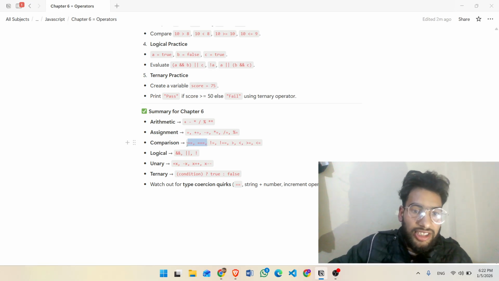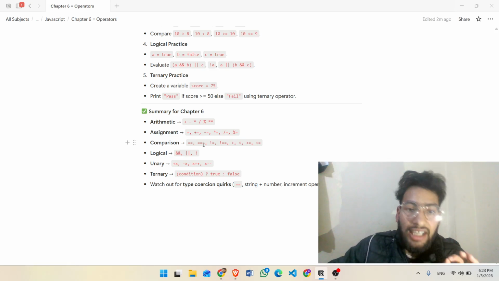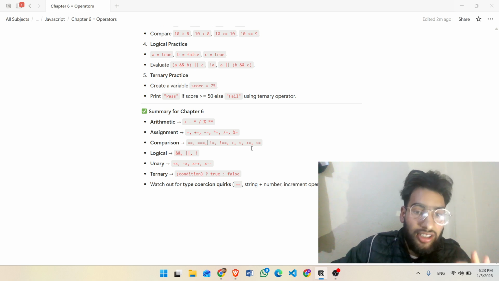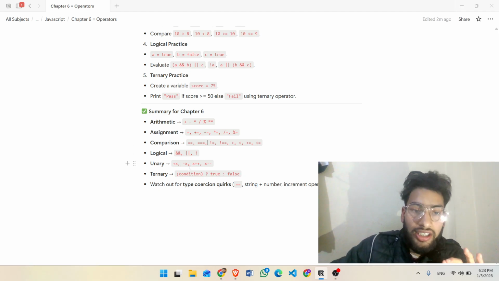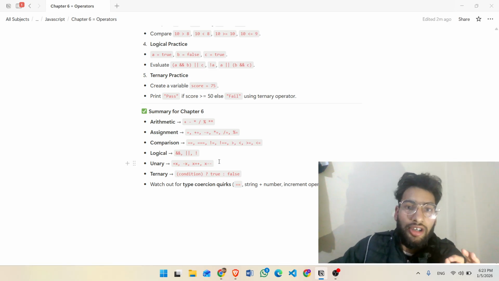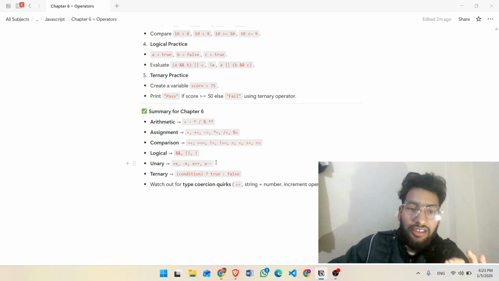I think you are confused about this, so I am telling you again. This checks only the value, and this checks value plus type of our variable. So don't be confused. And logical, and like that. Unary means only one value. There is no need for two or multiple values. It operates on only one value.